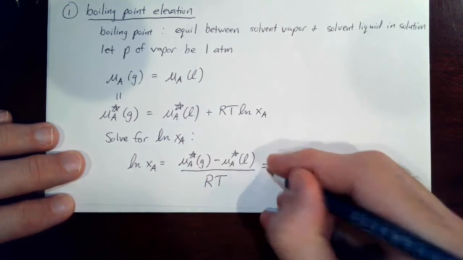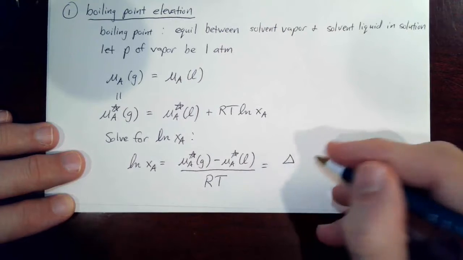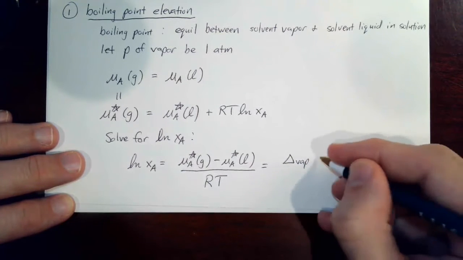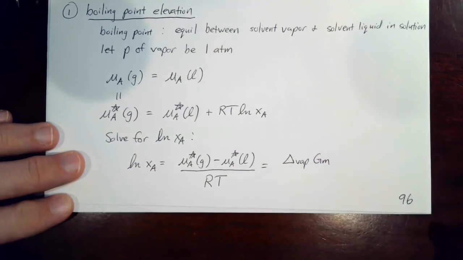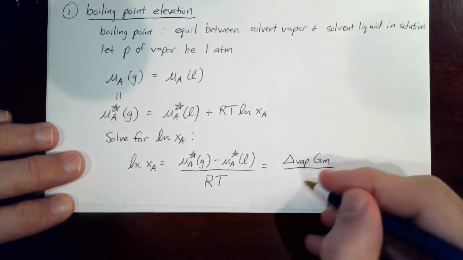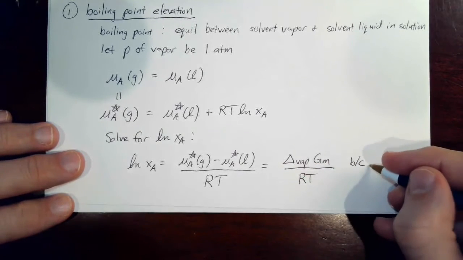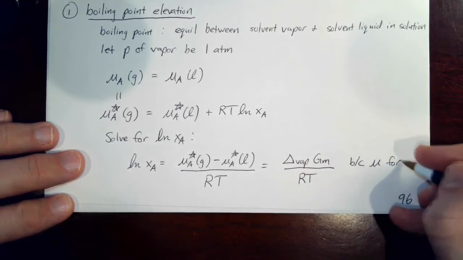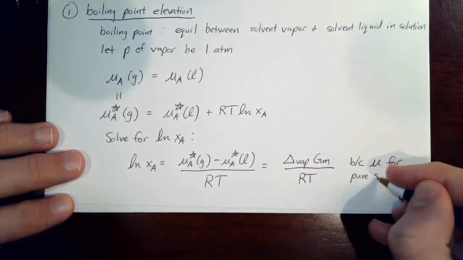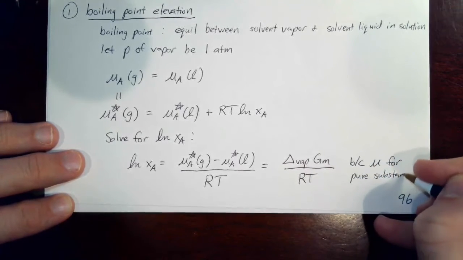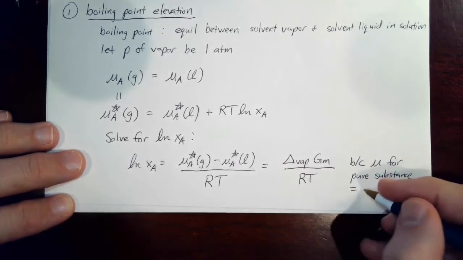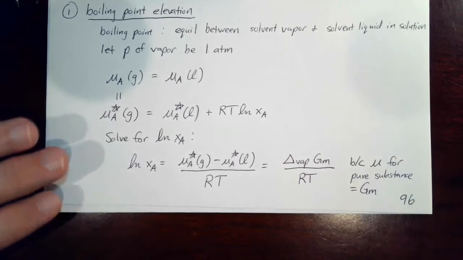So this is going to equal the change in the molar Gibbs energy, because mu for a pure substance is equal to the molar Gibbs energy.